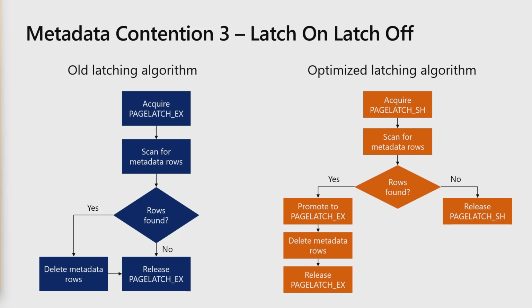If I find rows, then yes, I need to promote to an exclusive latch, delete the metadata, and then release the exclusive latch. If I don't find any rows, then I can just release the shared latch. With a shared latch, I may be preventing people from updating the page, but everybody can at least read it. So this reduces some of the contention on the metadata. That came out around SQL Server 2016.